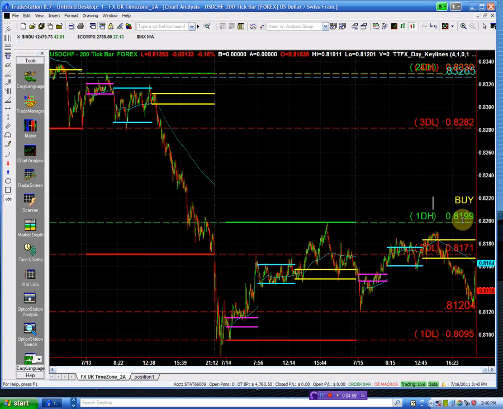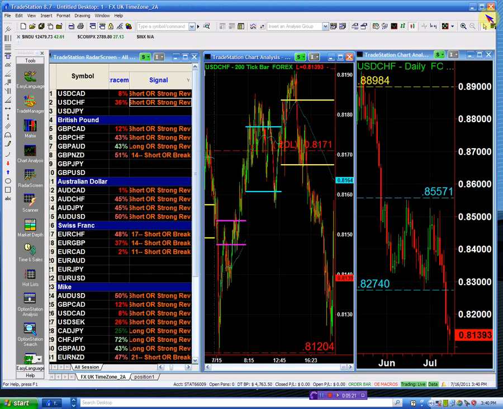the 81.99 or the 82, because this would be a minor structure, but you're only expecting a move probably from the 82 here, 81.99, to probably the 83.20 before it comes back down.